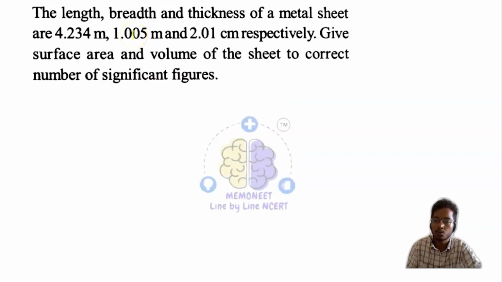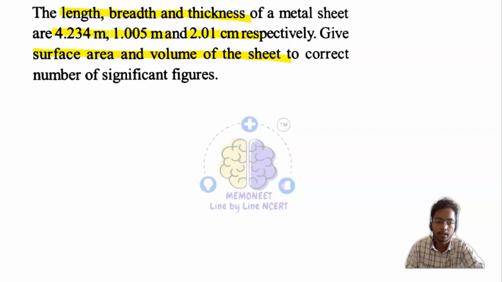One question: the length, breadth and thickness of a metal sheet are 4.234 meter, 1.005 meter and 2.01 centimeter respectively. Give the surface area and volume of the sheet to the correct number of significant figures.